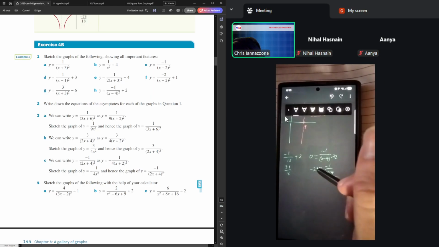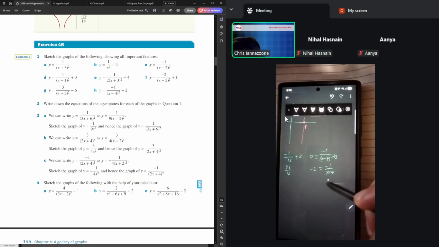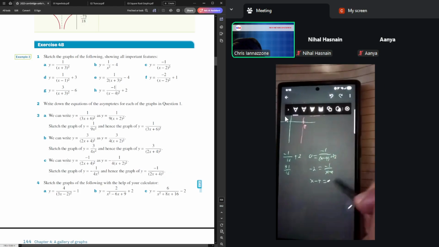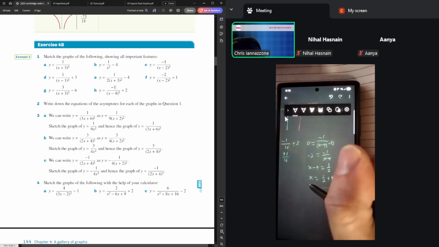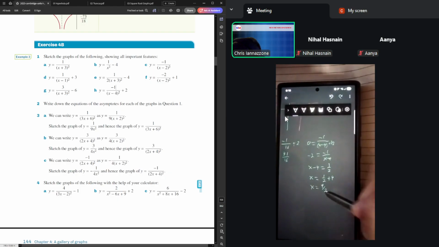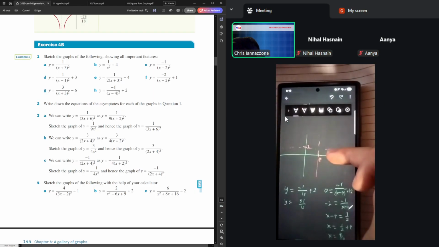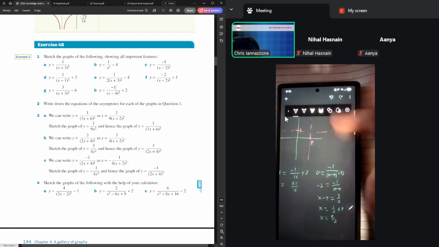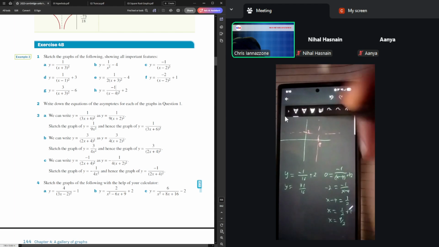So multiply by x minus 4, divide by minus 2. We're going to have x minus 4 equals -1 over -2. x equals half plus 4. So that's 8 on 2, so 9 on 2. Again, is that going to make any sense? Yeah, 9 on 2 is a bit bigger than 4. Should be.